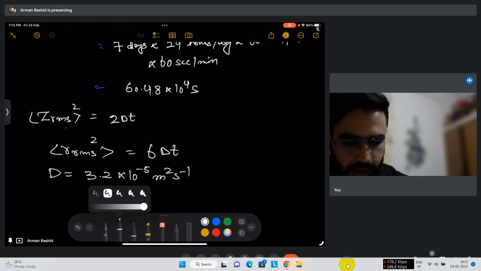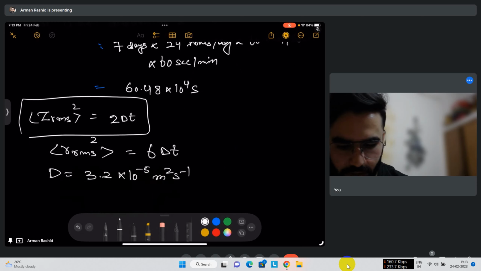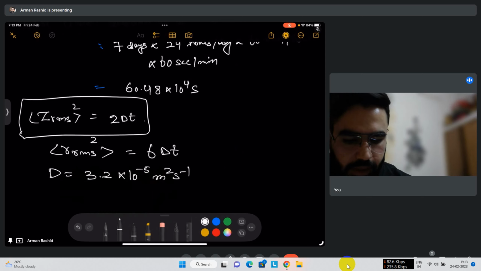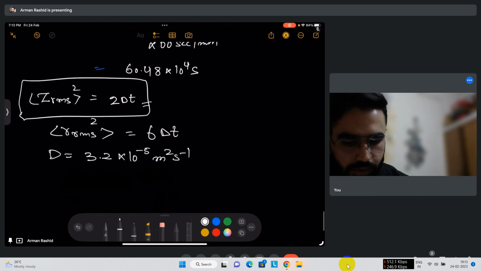This equation, if you want to see it, is present in my third lecture. From the PPT you can get this equation. Okay, so we used D. Now r RMS square will be given by 6 multiplied by D t.